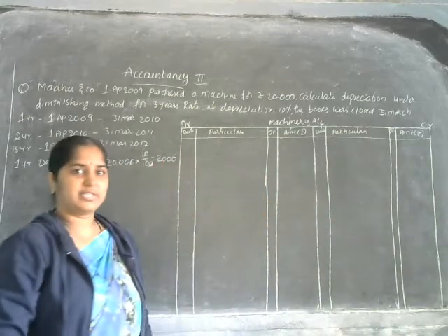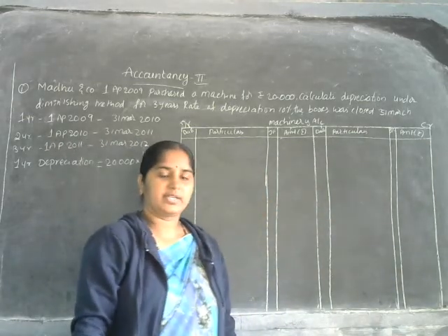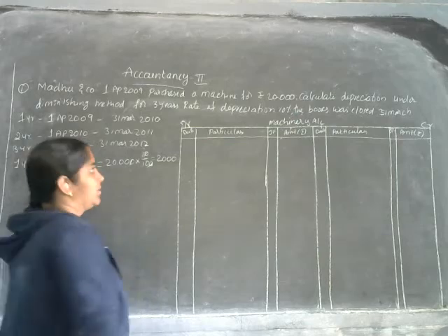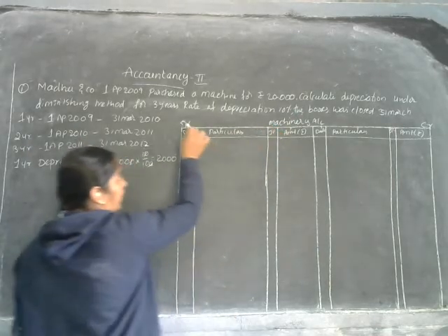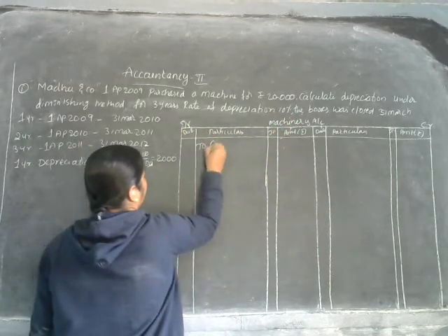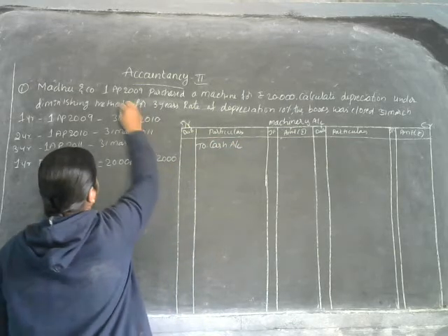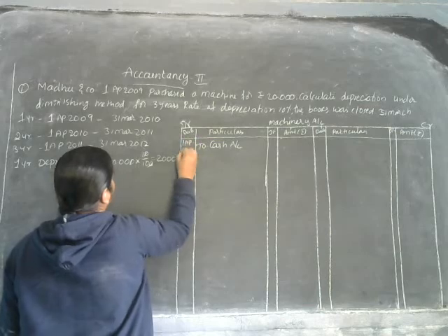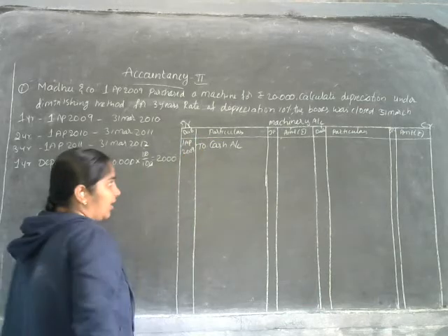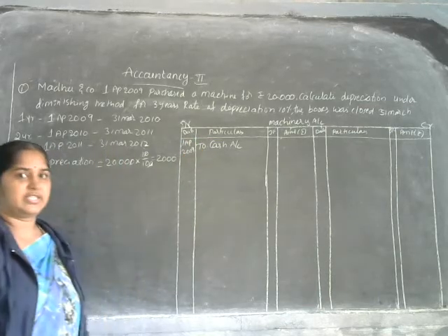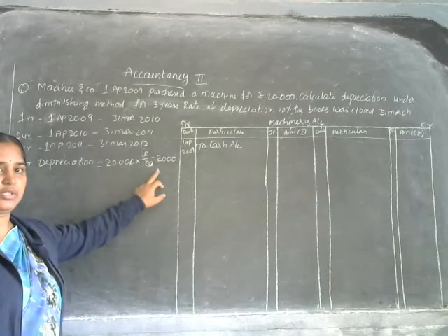Now for purchase of the asset, what is the entry? Asset account debit to cash account. So asset account is nothing but machinery account debit to cash account. So right here, cash account. What is the date for the asset purchase? 1st April 2009. Then calculate depreciation. Already we calculated in the first year 2,000.